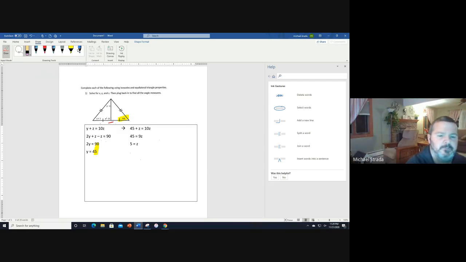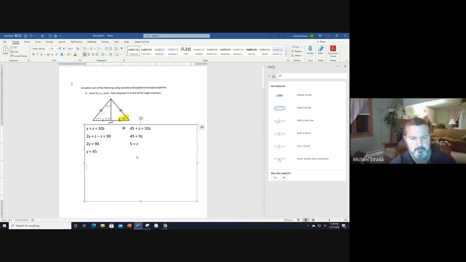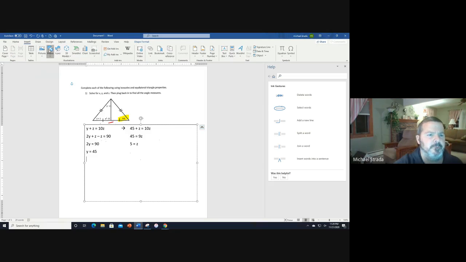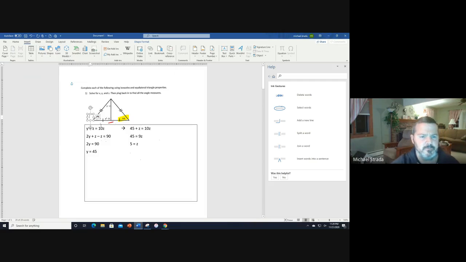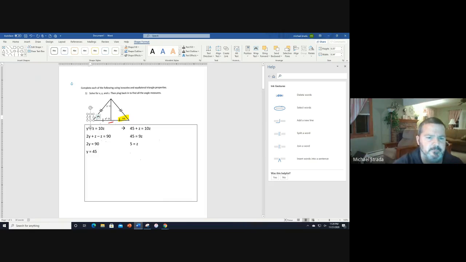Give me 1 second. So erase that. So that means, like I said, I can now figure out this angle here, y plus z. So that angle, by plugging in, is 50 degrees.